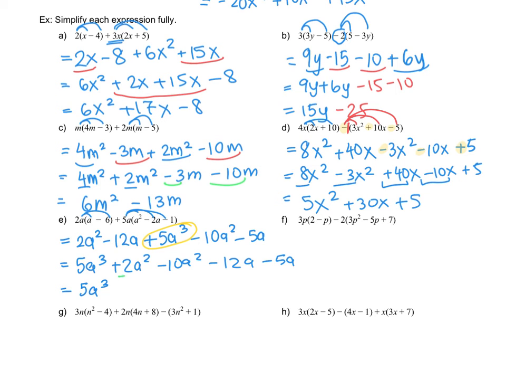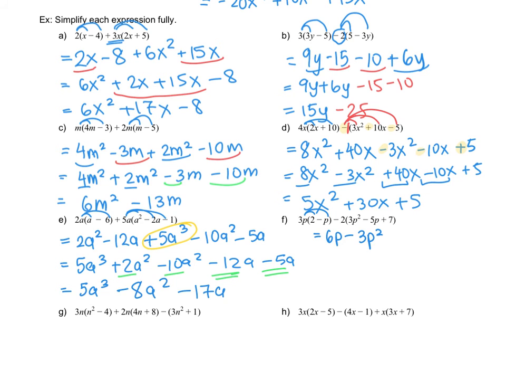For the a squares, we have 2 minus 10, which is negative 8a squared, and then negative 12 minus 5 is negative 17a.